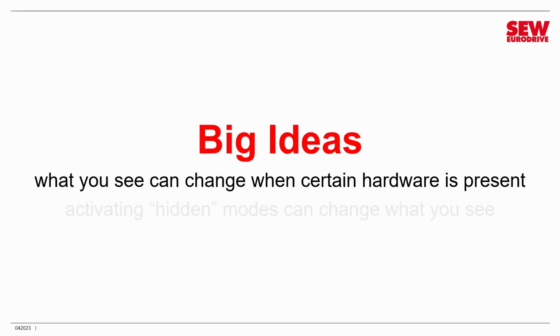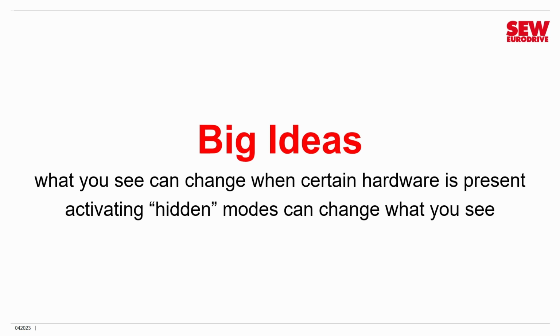Also, I'll just mention this. There are some hidden modes that can be activated or deactivated by entering magic codes. SEW-EURODRIVE employees sometimes use these to do specialized tasks, and they will activate this. Go in there, that'll turn on extra menus or extra options, but out of the box, those will be hidden. We don't always give those out to people.